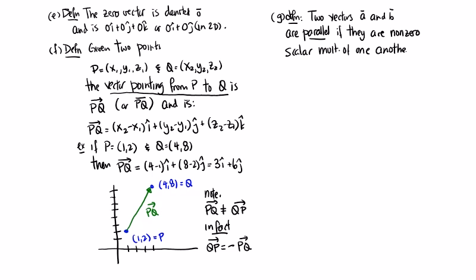I'm being a bit sloppy here. When I say two vectors, A and B, these vectors themselves have to be non-zero. So if this verbiage is a bit confusing, look at an example.